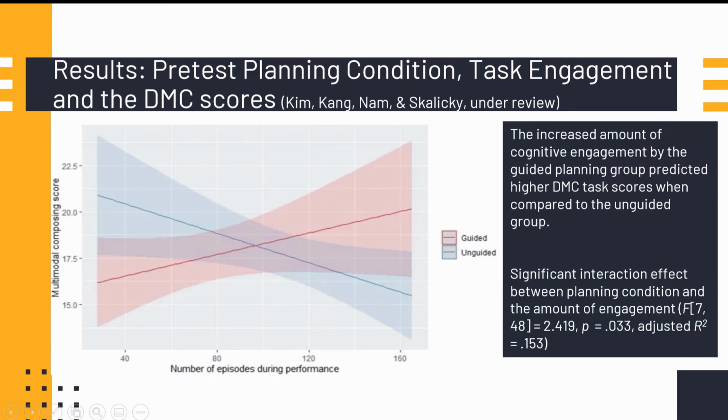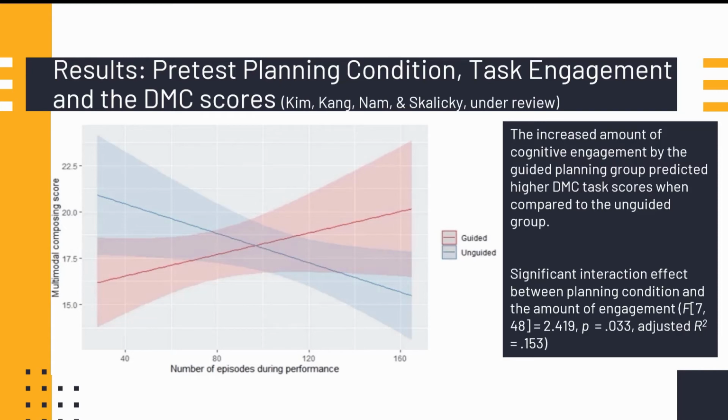This means that students who were provided with more structured planning, when they produced a higher number of DMC episodes, which is a higher degree of cognitive or behavioral engagement, received higher scores compared to the unguided group who produced a similar amount of DMC episodes.